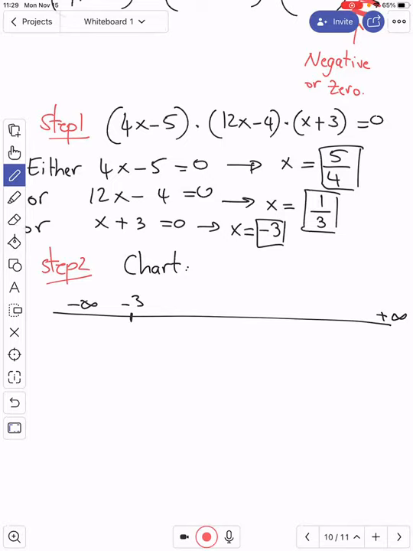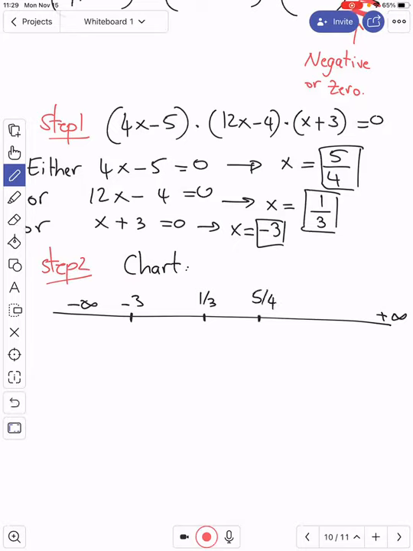When you divide 5 by 4, that would be 1 point something, right? And 1/3, 1 is less than 3, so if you divide 1 by 3, you get 0.33. So 1/3 would be less. So it's 1/3 first, and then you have the 5/4.